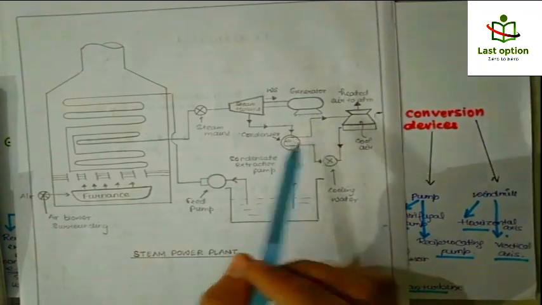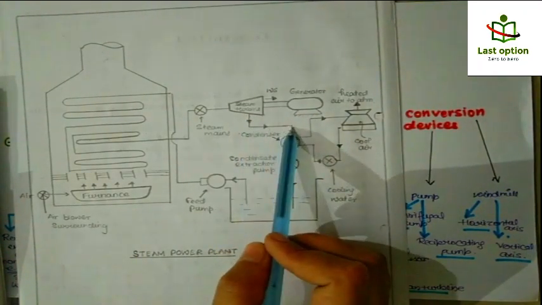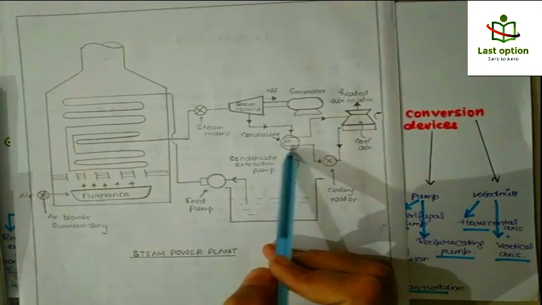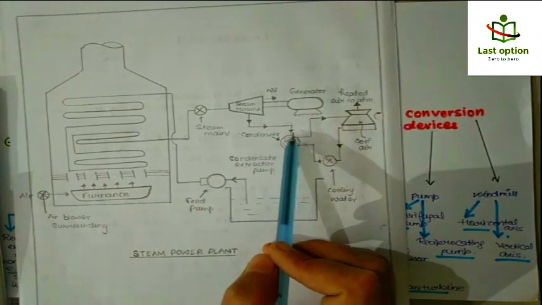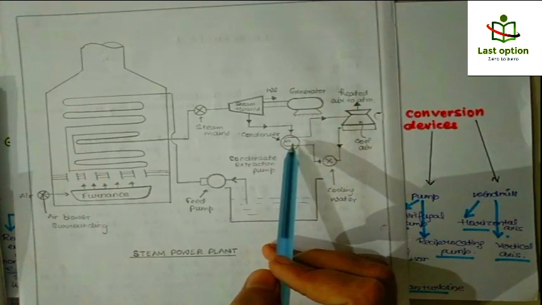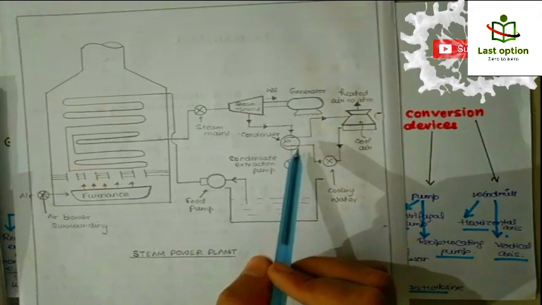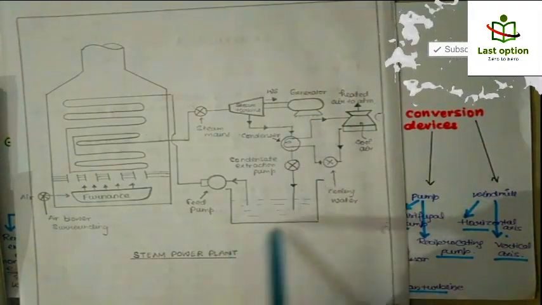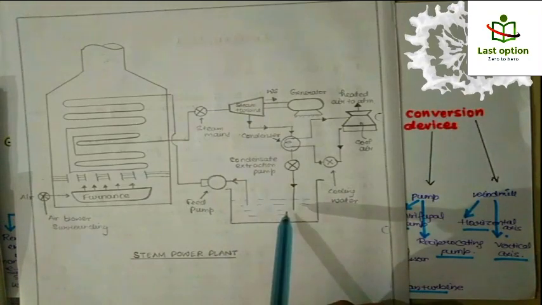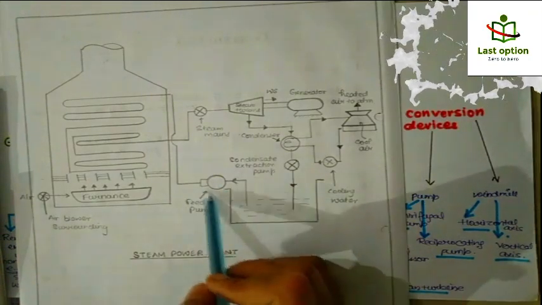And in this condenser, the steam which has been rejected here is condensed. So all that steam is collected and condensed, and then this cooled water is passed to this tank. Okay. Now here it is a feed pump.